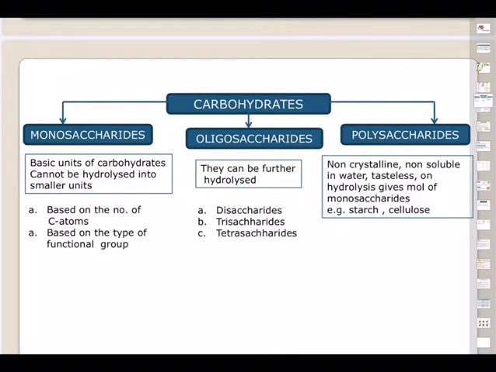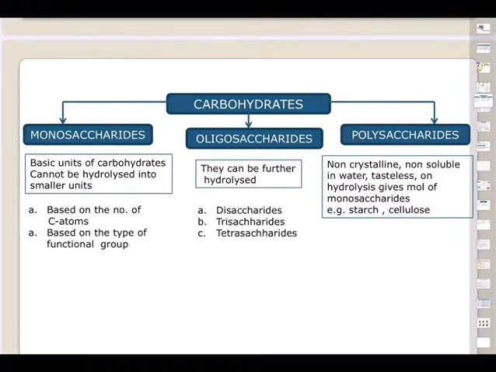And then oligosaccharides can be classified based on the number of sugar units or carbohydrate units. 2 to 9 monosaccharides will be there in this, and depending upon the number of monosaccharide molecules, there can be condensation, and this can be further hydrolyzed into disaccharides and trisaccharides.